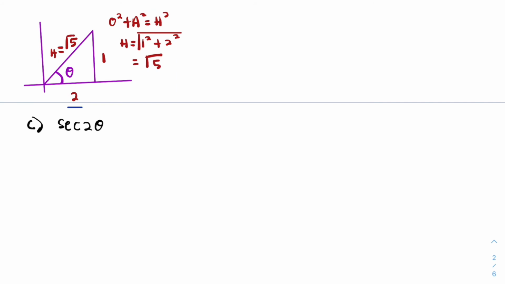Now, the last one for part C. For part C, they ask for secant 2 theta. Even though secant 2 theta is not in the formula list, you know there is a reciprocal for secant. What is it? It would be equivalent to 1 over cosine. Remember that secant theta equivalent to 1 over cosine theta.